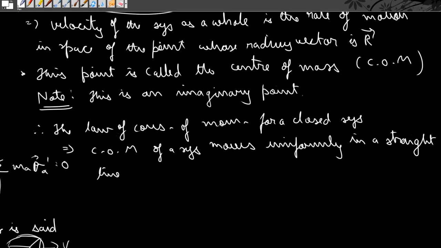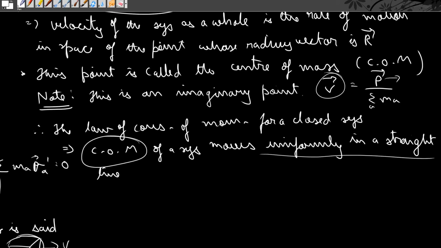Why? Because if the momentum is conserved, which means V given by P by summation over m is also constant, if P is constant. And if V is constant, this implies the point which is defined as center of mass is moving with a constant velocity, or in other words, it moves uniformly in a straight line.